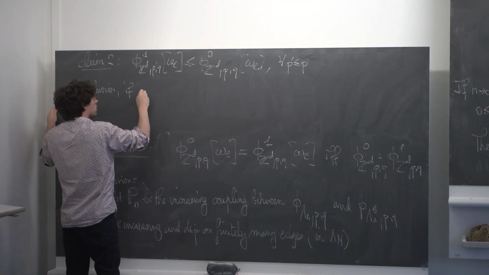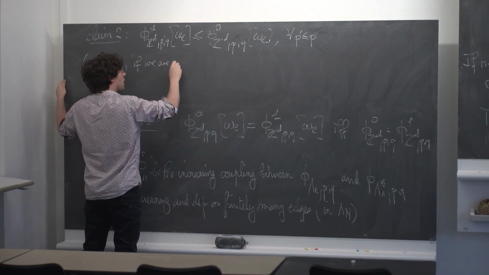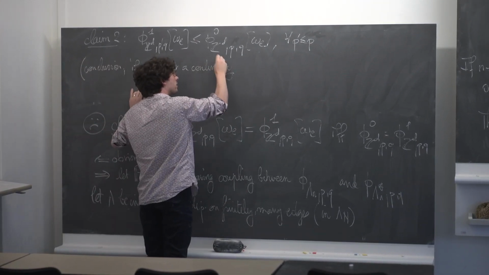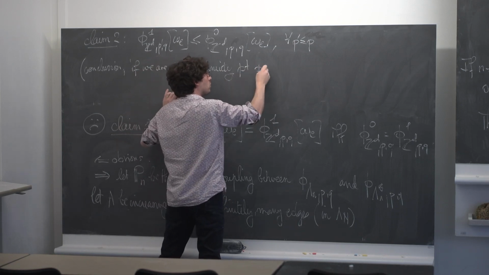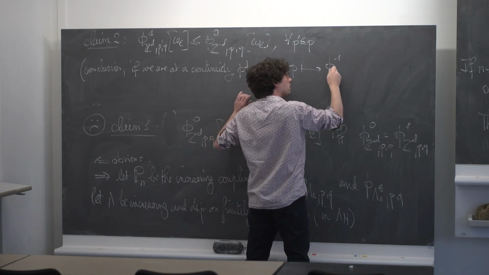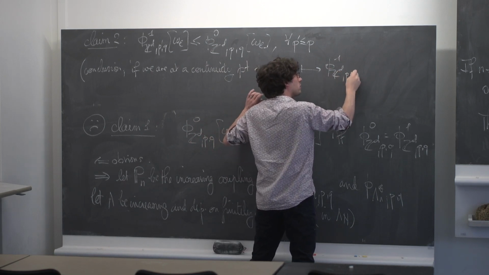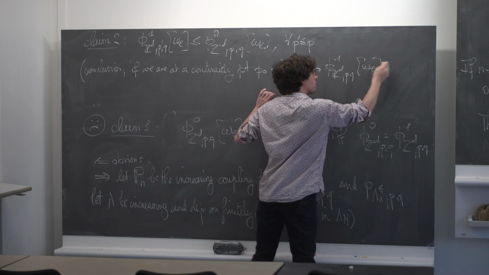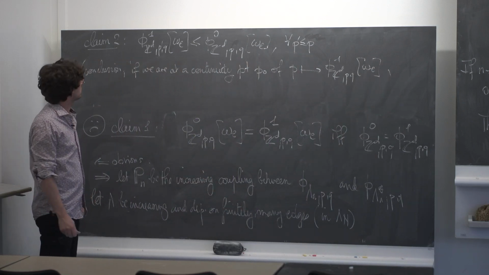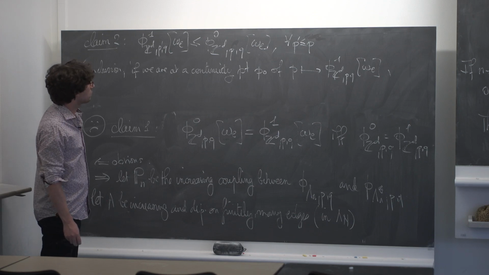If we are at a continuity point P0 of the function P maps to phi 1 ZdPQ of omega E, if you are at a continuity point like that, what do you deduce?